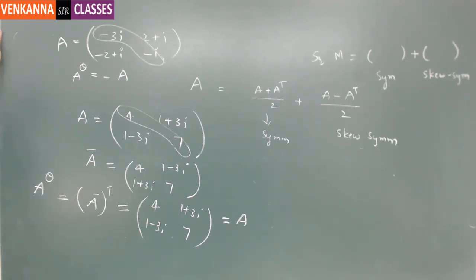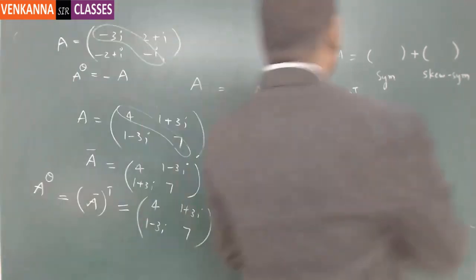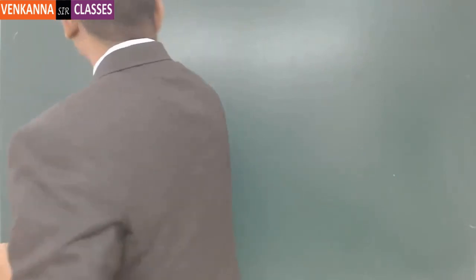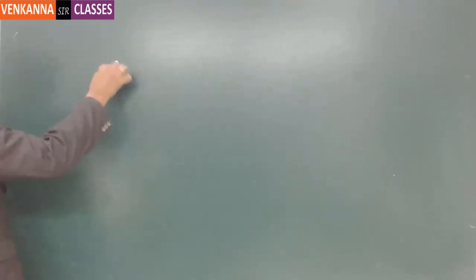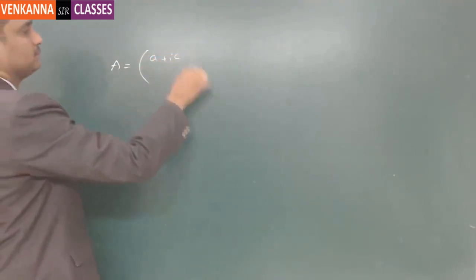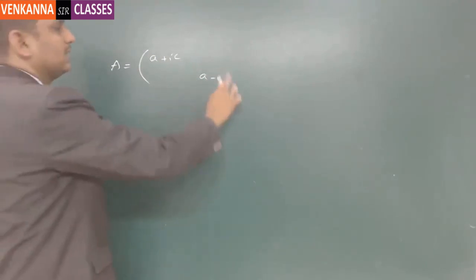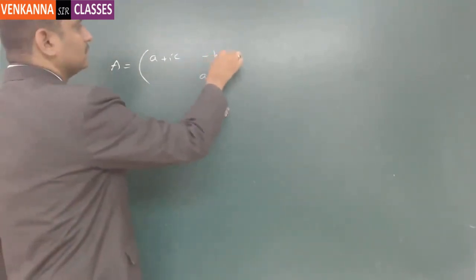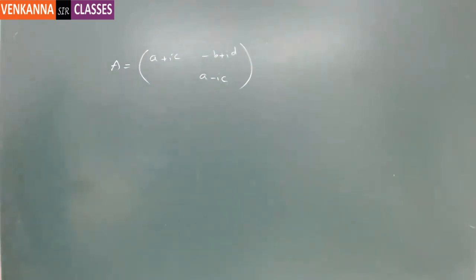Then let us take a small problem which also gives an idea over these matrices. Suppose you take capital A equals a plus ic, a minus ic, and minus b plus id, and b plus id.